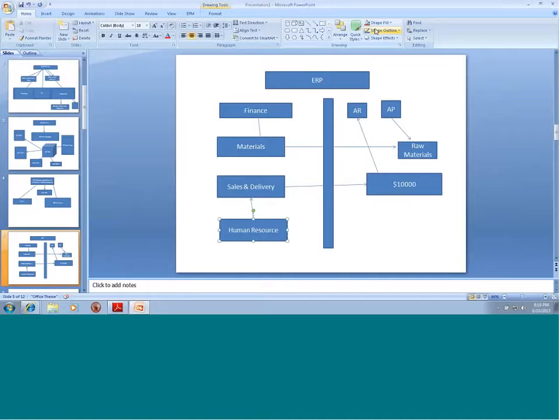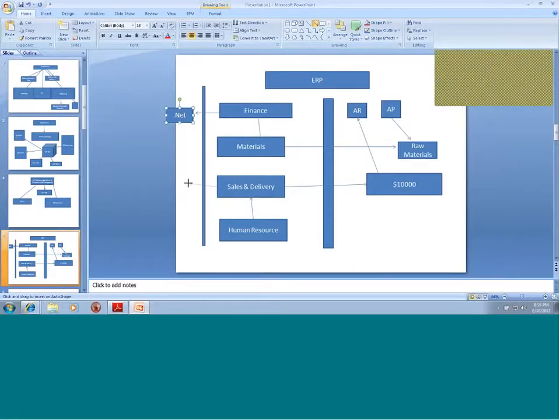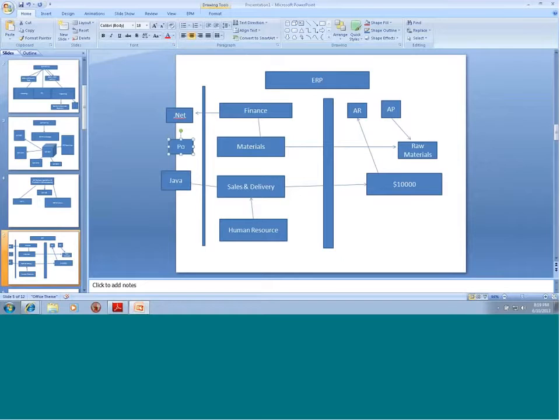Let's say before the concept of ERP system, that is enterprise resource planning, my company had all my finance applications created using .NET, for example, and all my sales and delivery was created using a Java application, and my material management was created using a tool called Power Builder, for example.